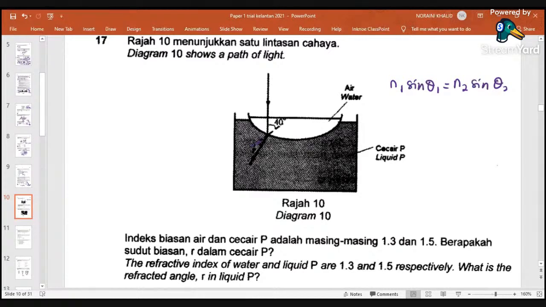So n1 is water, so we have 1.3 sine 40 equals n2, 1.5, sine theta 2. Now we want to find theta 2, which is R. So you will get sine R equals 1.3 sine 40 divided by 1.5.